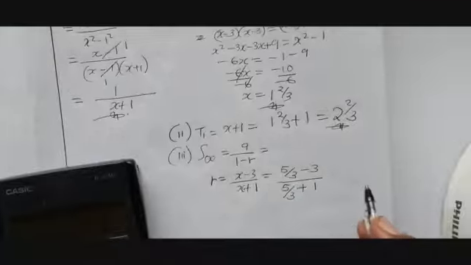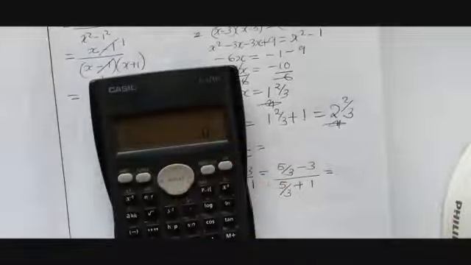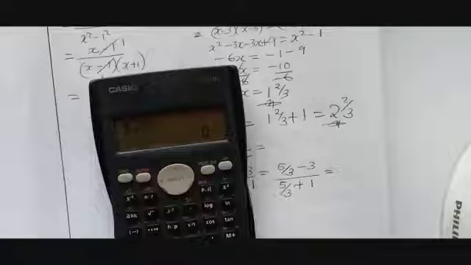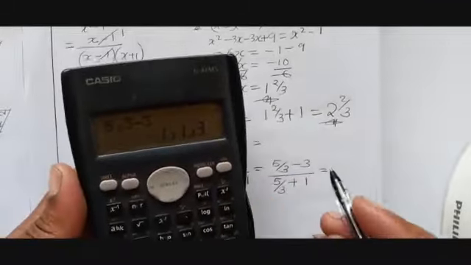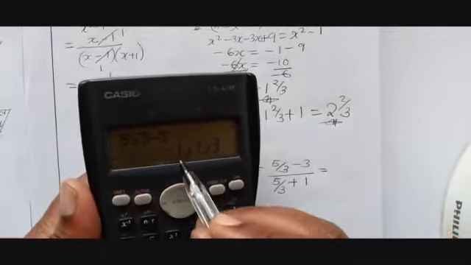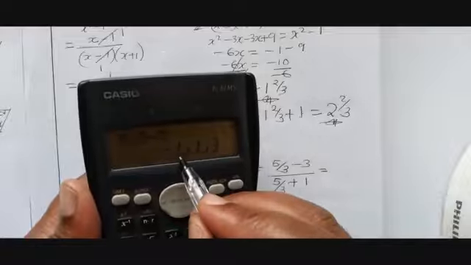So, what do we get? You can even use your calculator here. So you have 5 divided by 3 minus 3. What do you get? This is what you are going to get. So it's like you have 1 over 3, or you multiply this by that, 3 plus 1, 4.